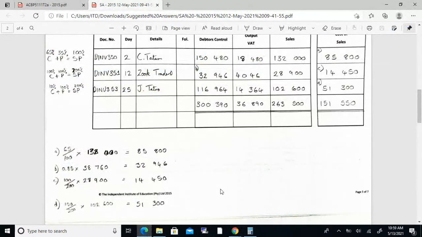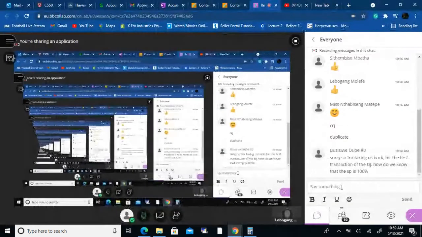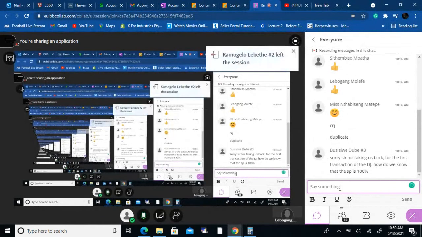The first transaction there in the debtors journal was this one here on the 2nd. If we read the transaction, it says credit sale of trading inventory. The markup on the trading inventory was 35% on the selling price. Thank you, Busisiwe, for the question.